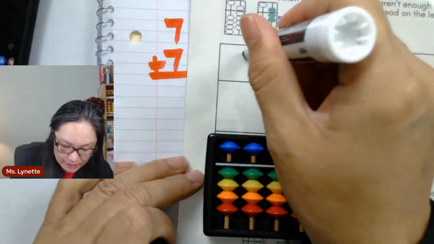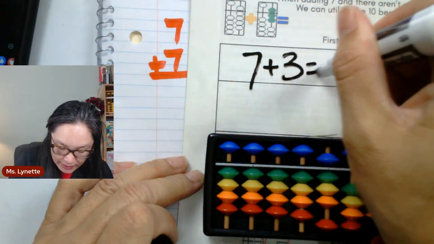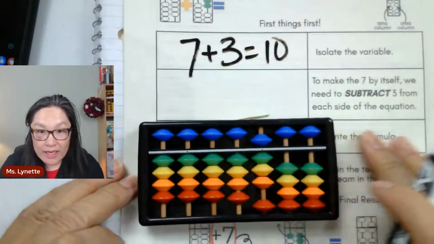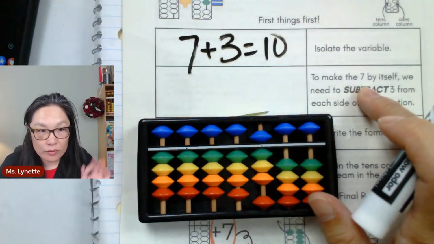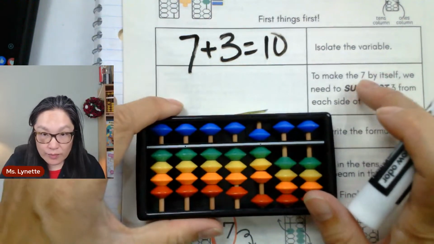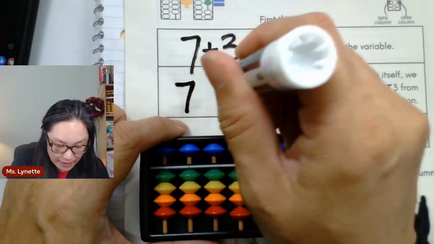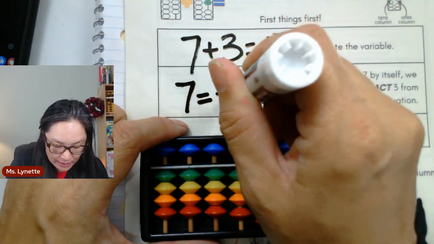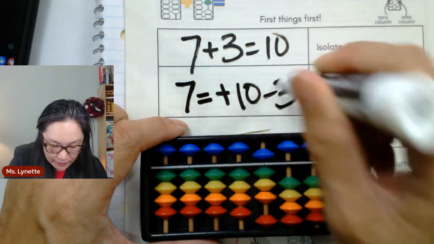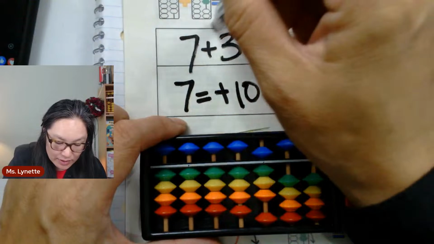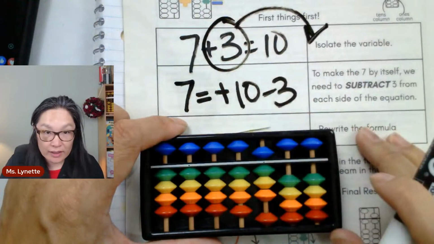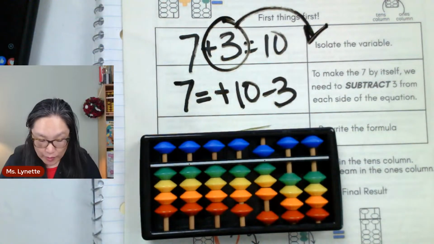I know when I plus the 7, I need to plus the 3 to make 10. To make 7 by itself, I'm going to plus the 10 minus the 3. That's what I'm going to do, because I took the 3 and moved it to the other side. So it's like algebra. We have a little bit of algebra.